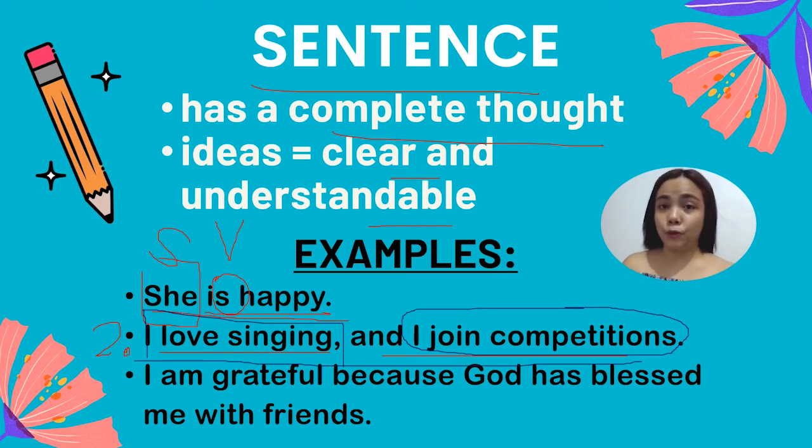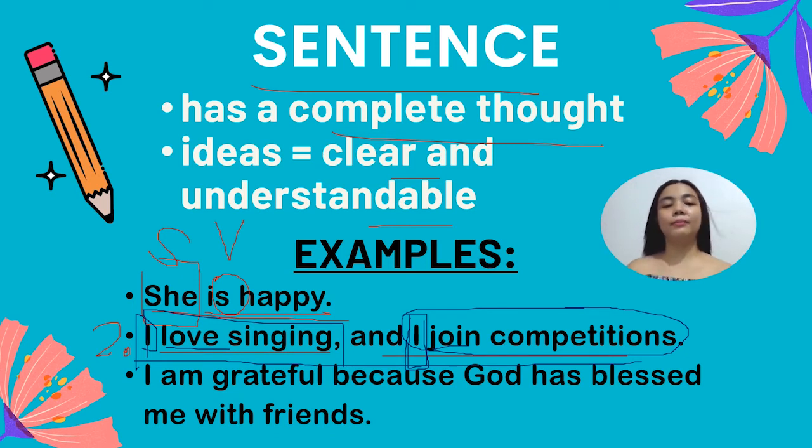Both have subjects and both have verbs. Alright? Okay, so if you are going to look at the first example, I is the subject, love is the verb. Okay? I is the subject, join is the verb. And when you have two simple sentences in one sentence, it's what we call a compound sentence.